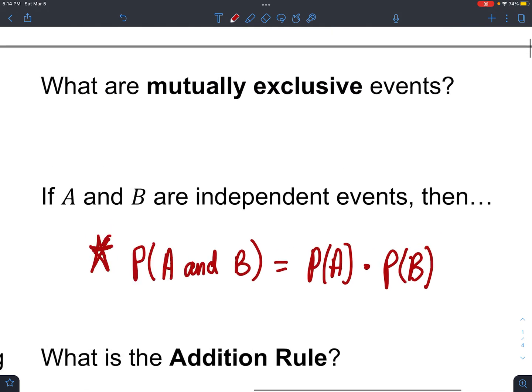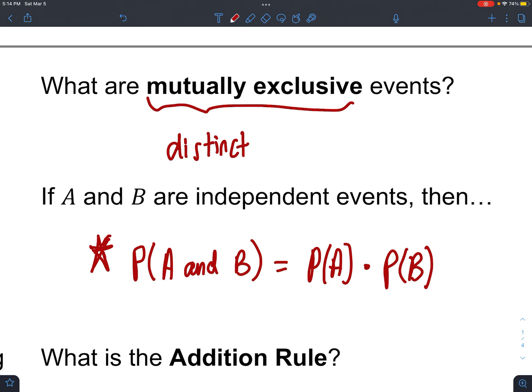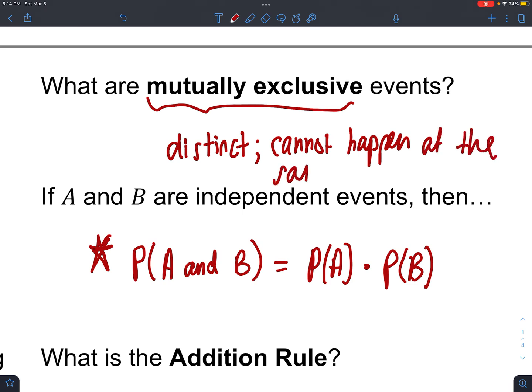Okay. And mutually exclusive, if I had to say that in one word that we know, it would be distinct. So almost separated from one another. They cannot happen at the same time. Okay, so it's kind of like asking a group of folks which sport they like, baseball or hockey, and none of them say baseball and hockey together.